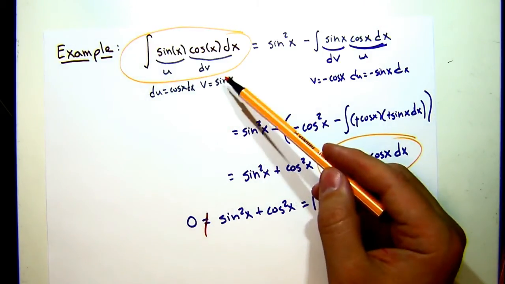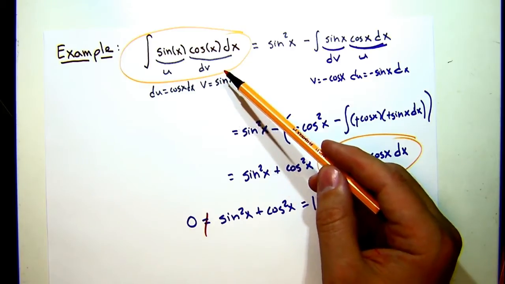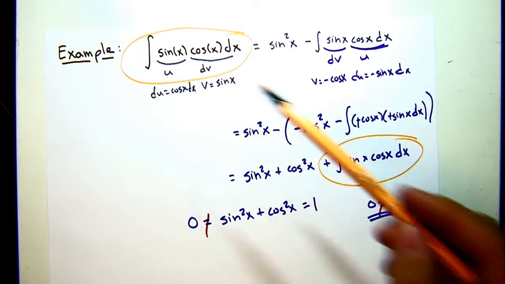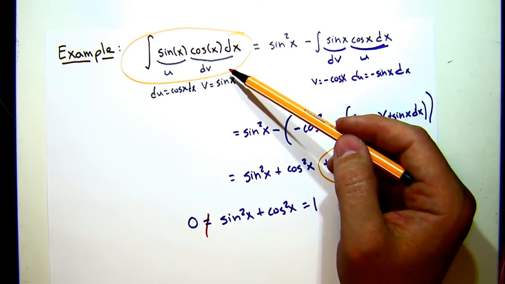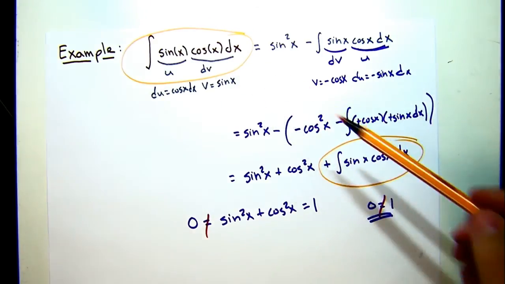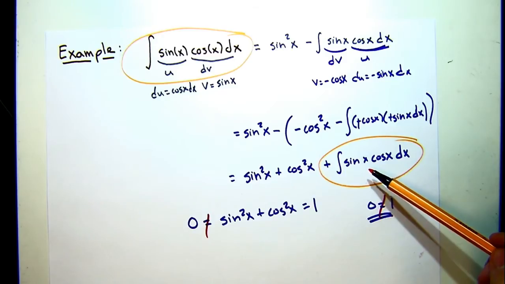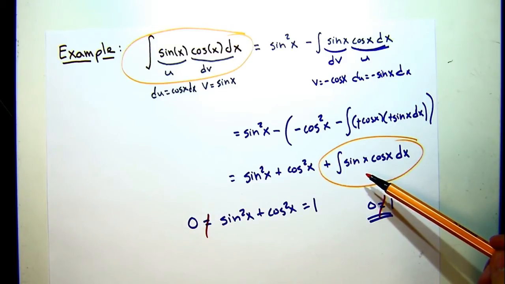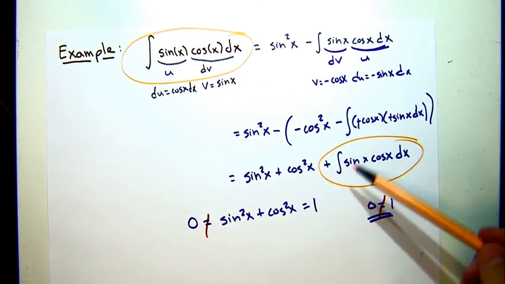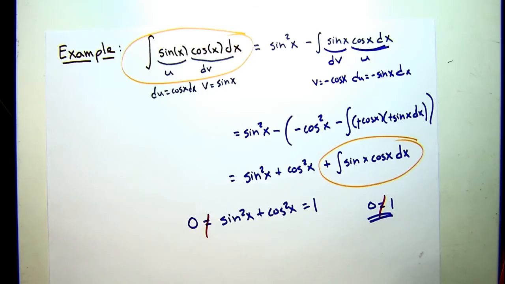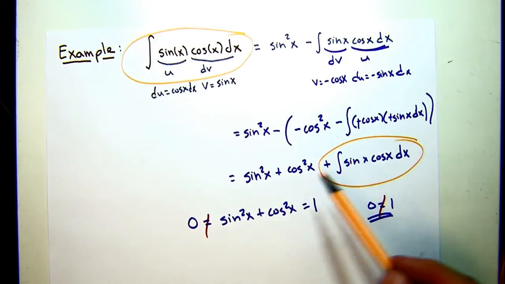Well, what do I mean by they're not the same? I mean the following. When we write down an integral, remember that there's a built-in plus c. So this is some integral, antiderivative plus c. This is also an antiderivative plus some other c. These constants don't have to be the same. So they don't actually cancel.